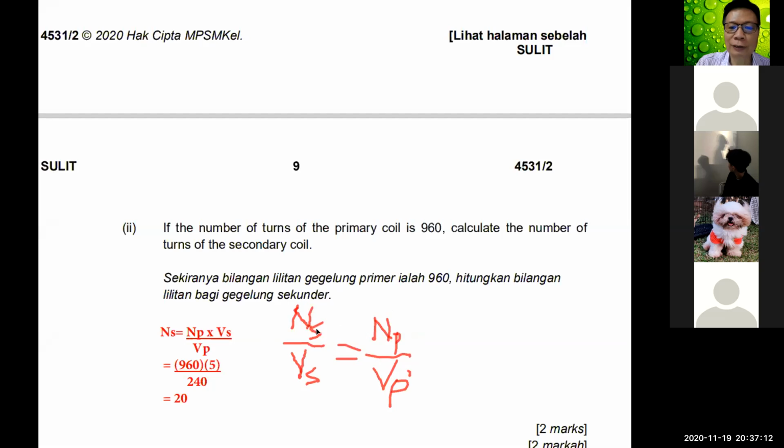We are asked to find NS. So VS, you bring over, cross multiply, so it becomes here. VS, bring over here, you get here. So NP 960, VS the output voltage 5, the input voltage, primary coil voltage 240, so you get 20.